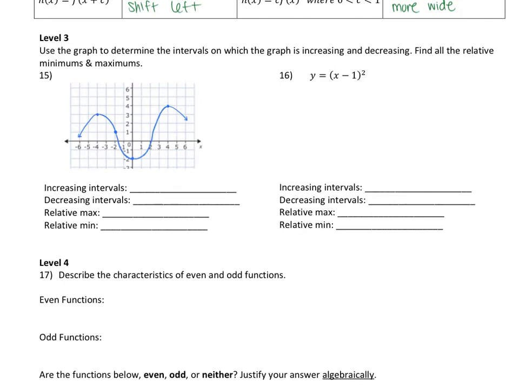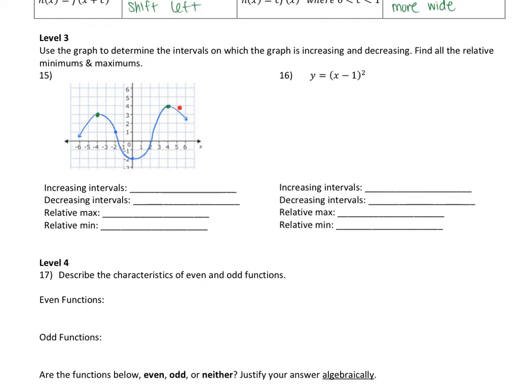So when it comes to max, I notice I have one here and here for these two graphs, right? Because in this case, relative max are talking about in that location there is a maximum, and it's going to look like the top of a hill or the peak of a hill.